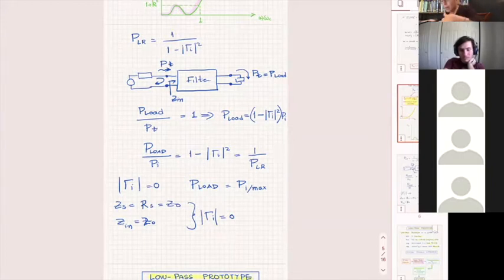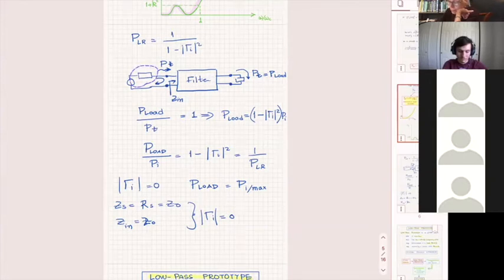So this only happens in this particular situation. Whatever comes from your left, whether it's a source or another transmission line, we call that source. If it's another transmission line of characteristic impedance Z naught, and everything is perfect on that side, then practically the equivalent is a source with an internal impedance that is Z naught. And if your input impedance here is the same, and they are Z naught, then you get the maximum power.